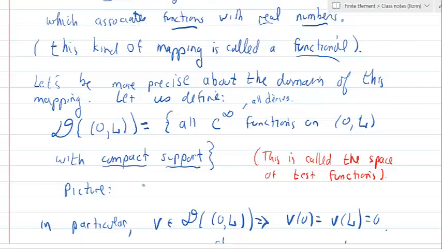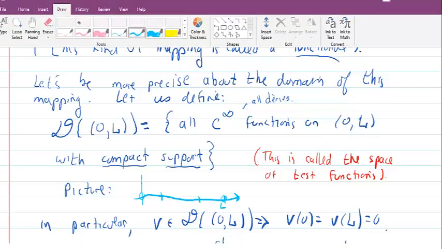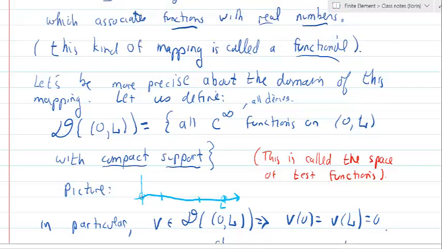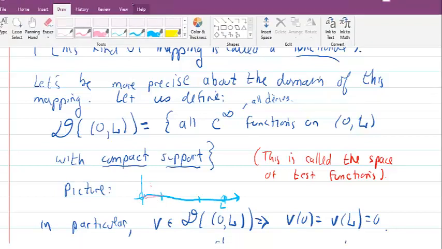Going from 0 to L, here's our axis. Now, remember that 0 and L are not included. A function with compact support is 0 outside of a closed interval, and it has all derivatives, so it has to be smooth everywhere. So this function could look something like this. It has to be 0 out here. Sorry, it's not working very well. Let's make it a wider function.